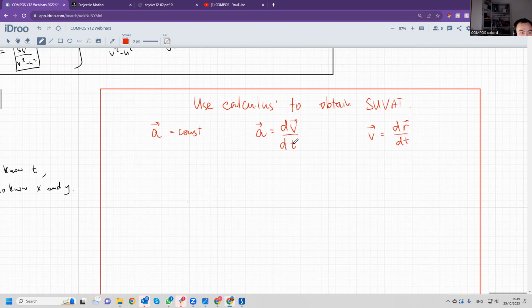I'm going to multiply both sides by dt. So a multiplied by dt equals dv. And I'm going to integrate.